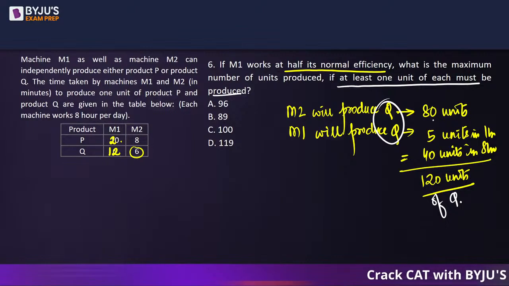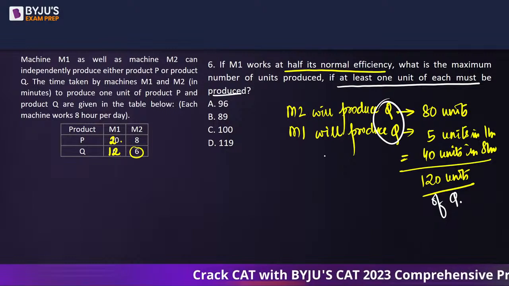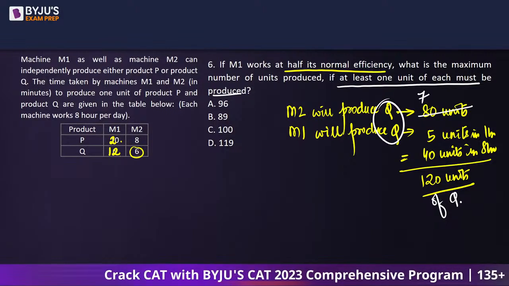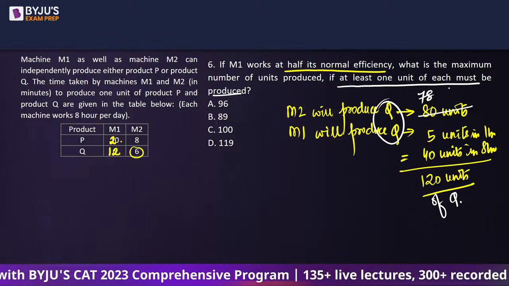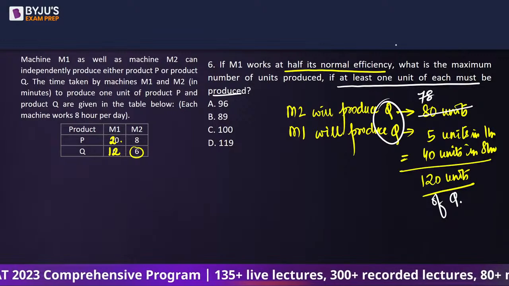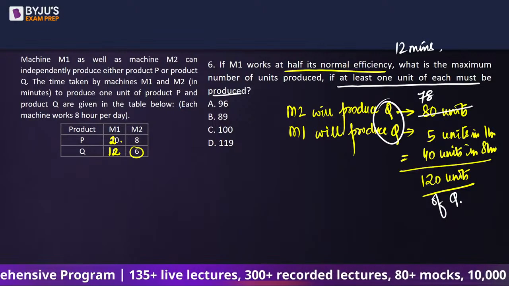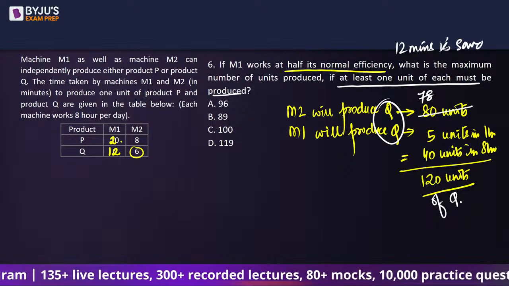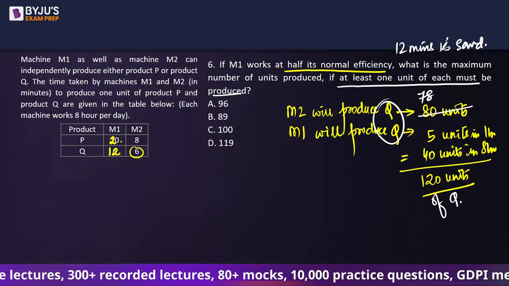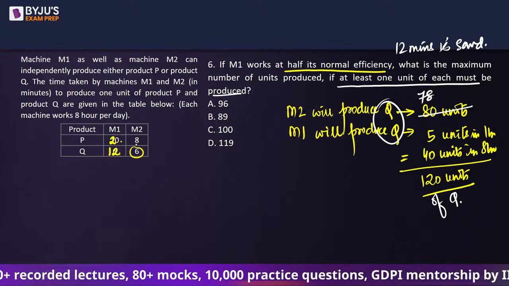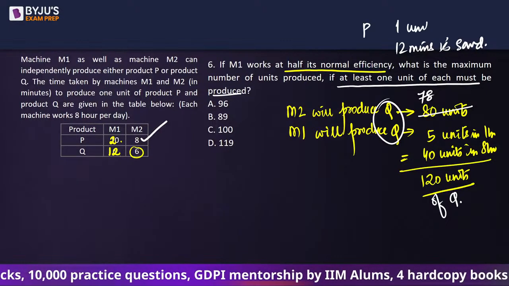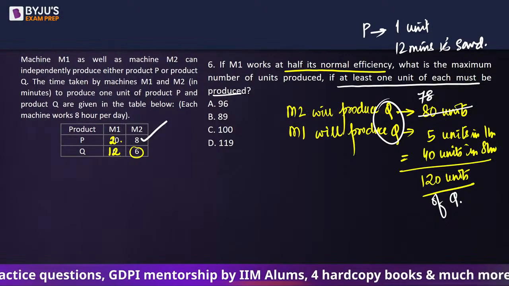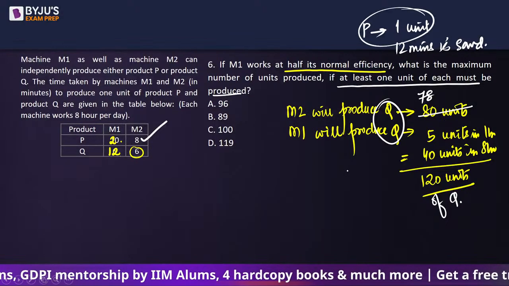So suppose out of the 80 units produced by M2, I produce only 78 units of Q. That means 12 minutes we save, because we are not producing 2 more units. When these 12 minutes are saved, we can use them to produce 1 unit of P, so that we have at least 1 unit of P as well.